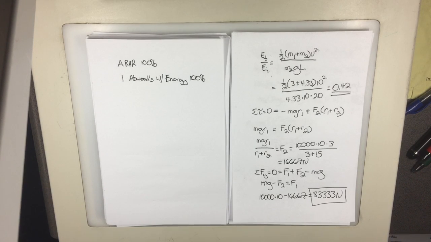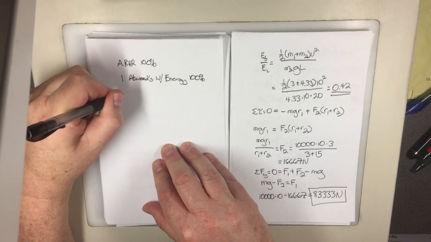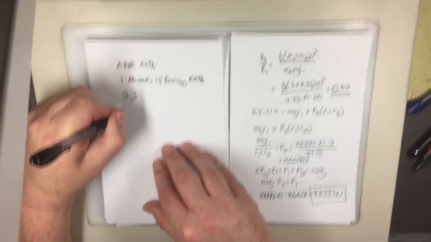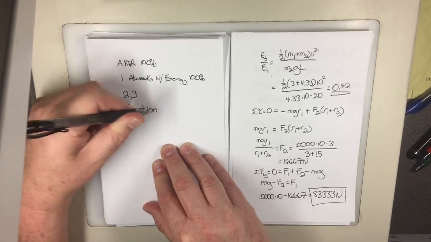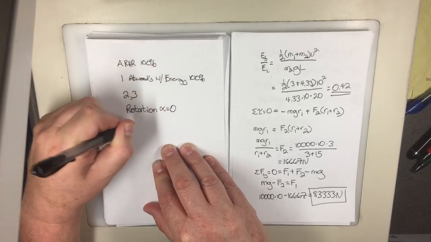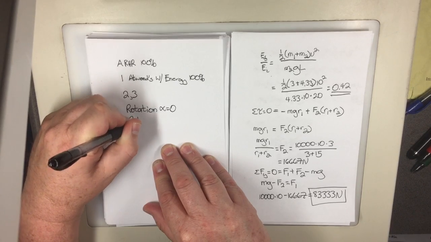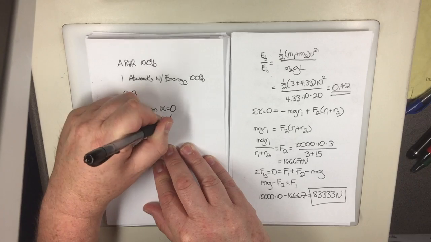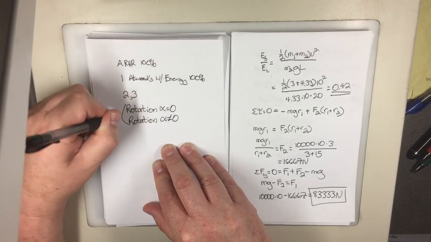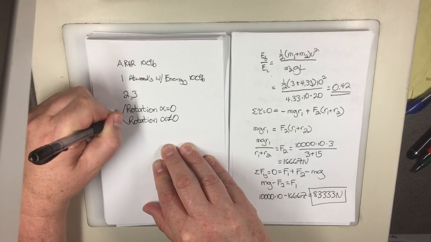Then I've got, for 2 and 3, rotation with alpha equaling 0, and rotation with alpha not equaling 0. So probably this is a combination of 2.